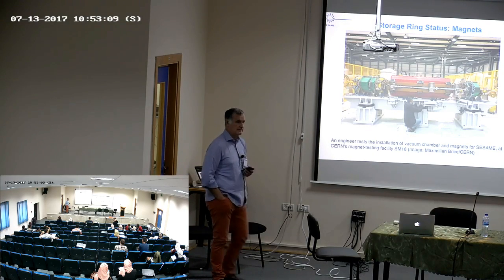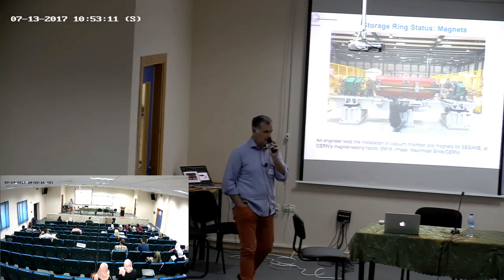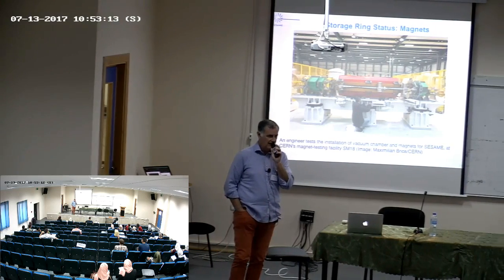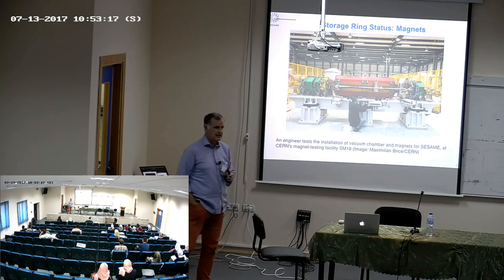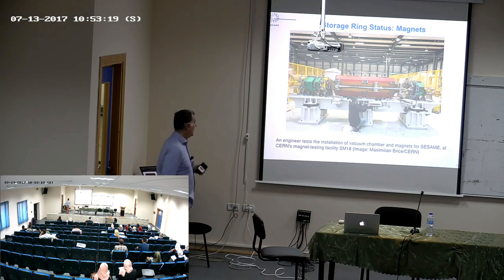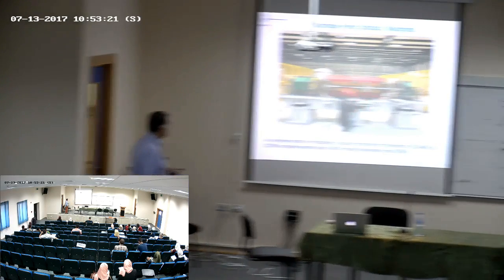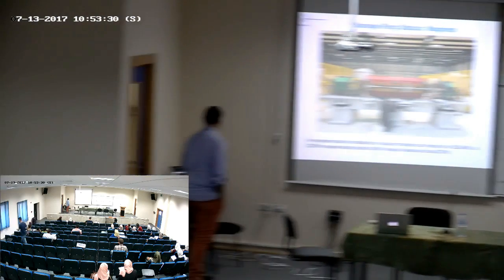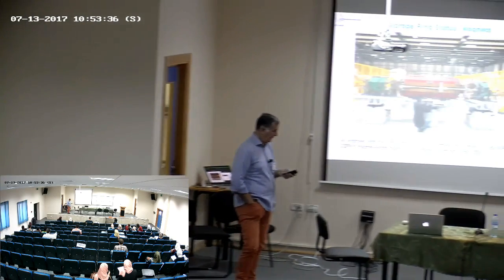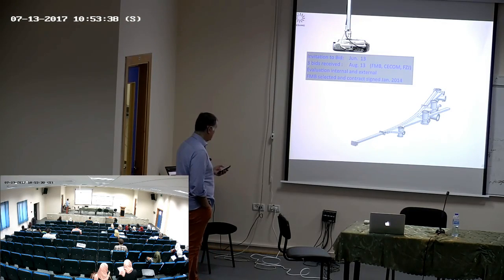Probably you have mentioned that, but I didn't know about that. What's the strength of the magnetic field? The dipoles are 1.5 Tesla. So this is the first complete cell assembled at CERN, at the beginning of 2016.